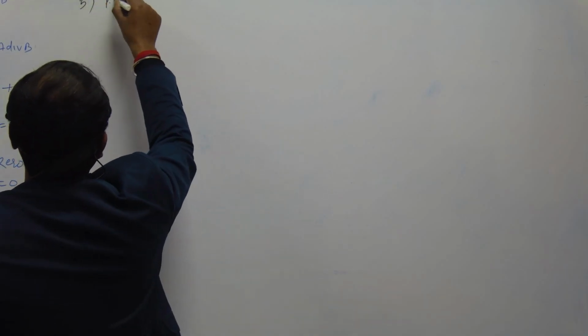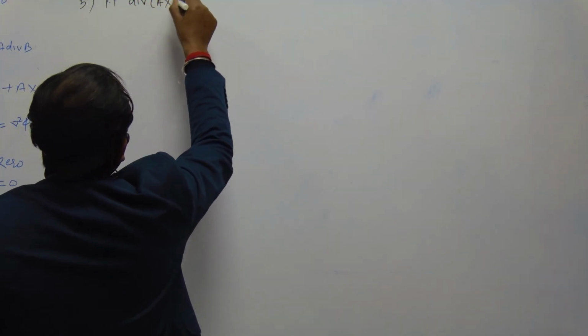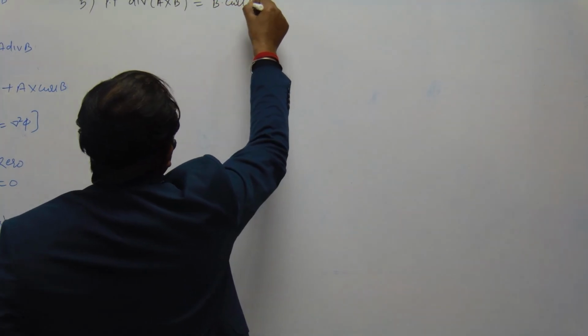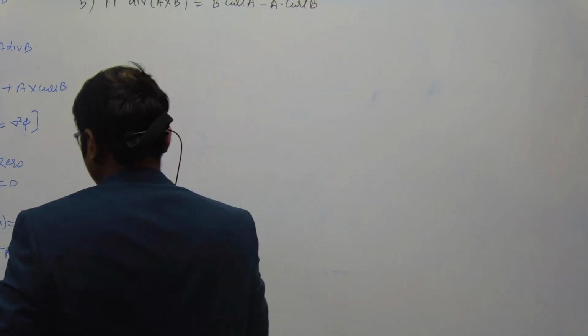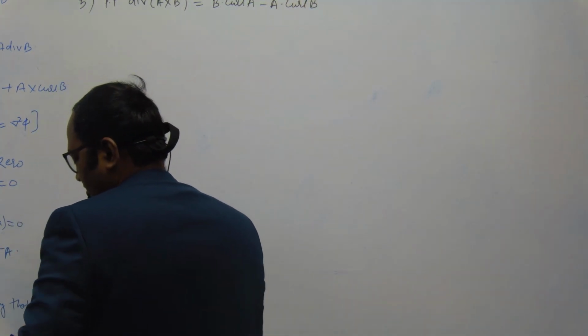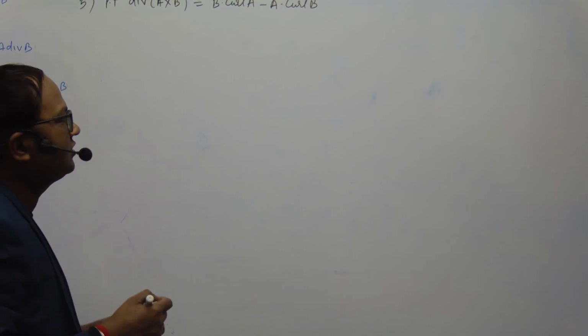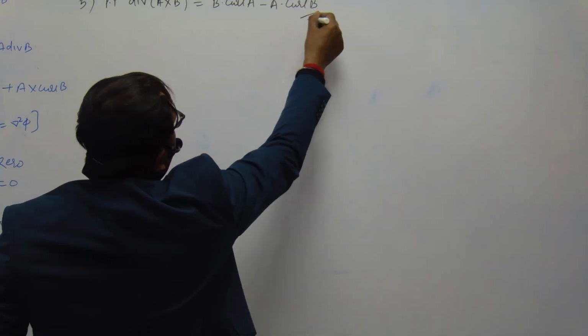We have to prove that divergence of A cross B is equal to B dot curl of A minus A dot curl of B. Let us start our discussion on the questions. So we have this as P, and this we have to solve.